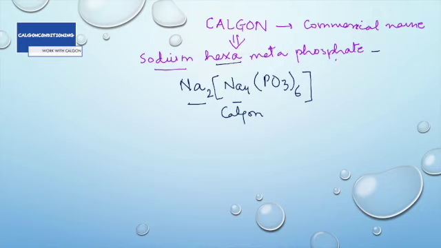When we add it to water, it gives us sodium ions and the Na4 (PO3)6 anion. It's a complex compound, so I have these ions in water.